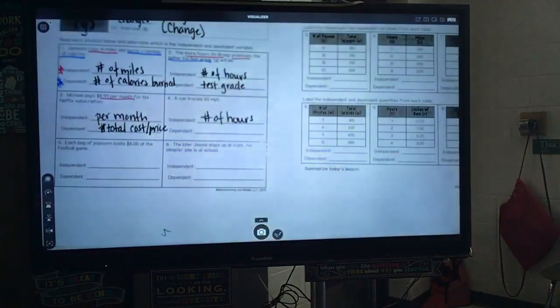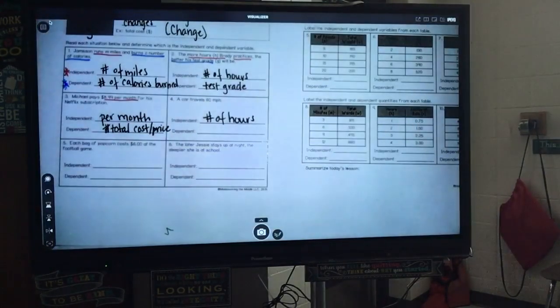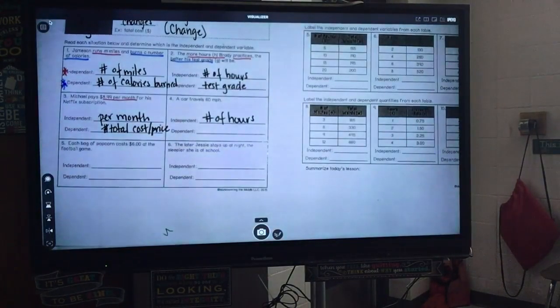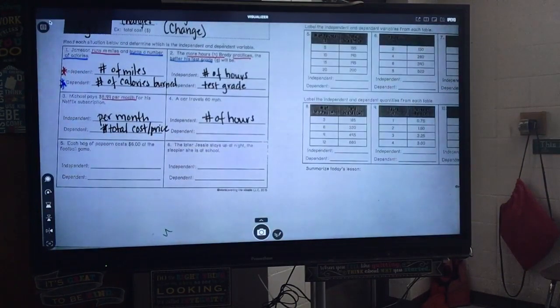And then obviously, if we know that he goes 60 miles an hour, and our independent is the number of hours, what are we trying to determine? It's kind of like number 3, where it doesn't necessarily have the dependent part in there, but what are we figuring out, knowing that we go 60 miles per hour?